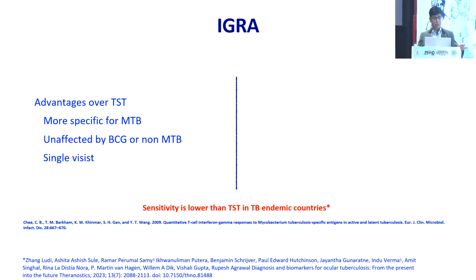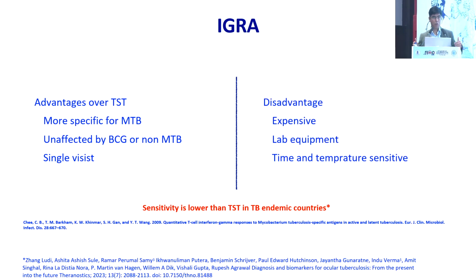The advantage of this test over TST is that it seems to be more specific for Mycobacterium TB, as it is unaffected by BCG or non-tuberculous mycobacteria, and the patient requires only a single visit. However, the disadvantage, especially in low-resource countries like India, is that it can be expensive, you need lab equipment, and it is time and temperature sensitive. Also, there are reports that the sensitivity could be lower as against TST in TB endemic countries.